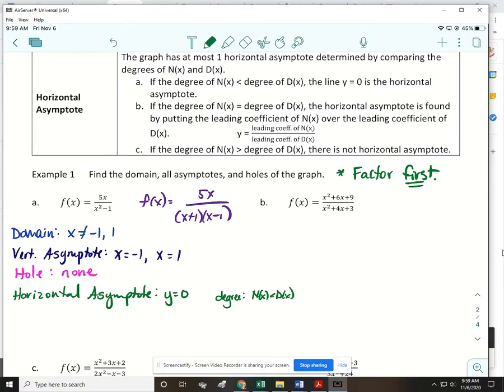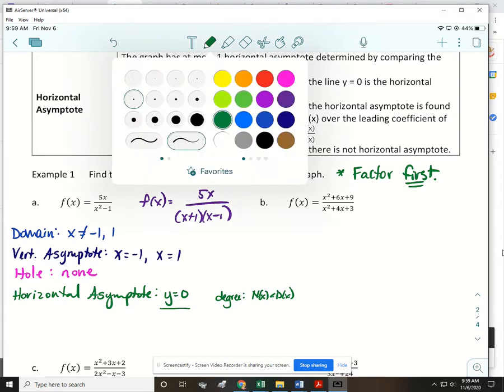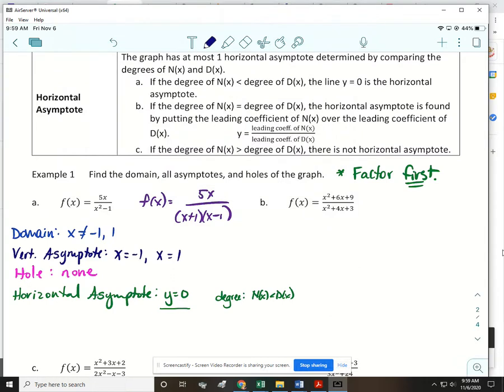All right, and that's it. I want you guys to double check when you do these that your horizontal asymptote is a line. That's y equals. It's a horizontal line. If you just put 0, that is not a horizontal line. That is just a number. And then your vertical asymptotes are equations with x equals numbers because they are vertical lines.